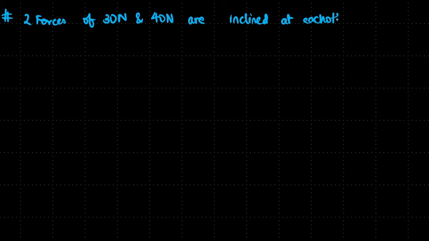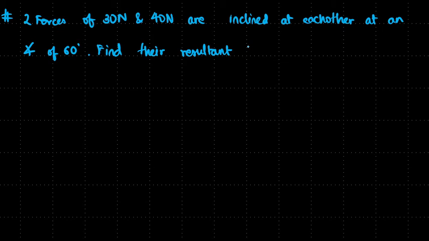We are going to do another question. Two forces of 30 Newton and 40 Newton are inclined at each other at an angle of 60 degrees. Find the resultant.